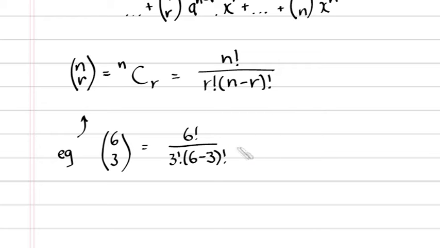Quickly evaluating that now, we get 6 times 5 times 4 over 3 factorial. The 3 factorial will actually cancel out with the top, and we're just left with 6 minus 3 factorial in the denominator. We can pretty quickly see that 3 times 2 cancels with the 6, and we're left with 5 times 4, or 20.